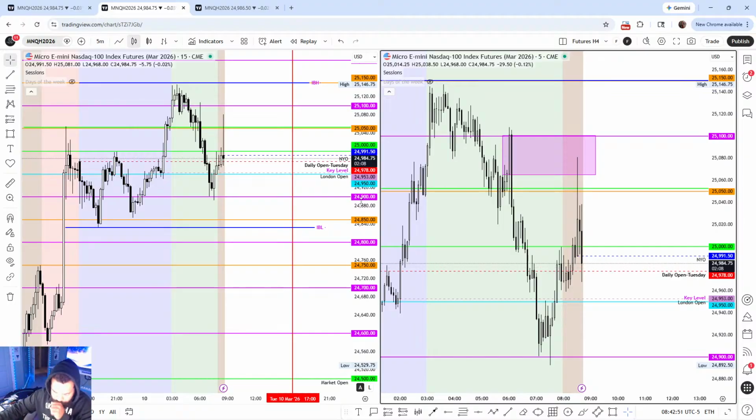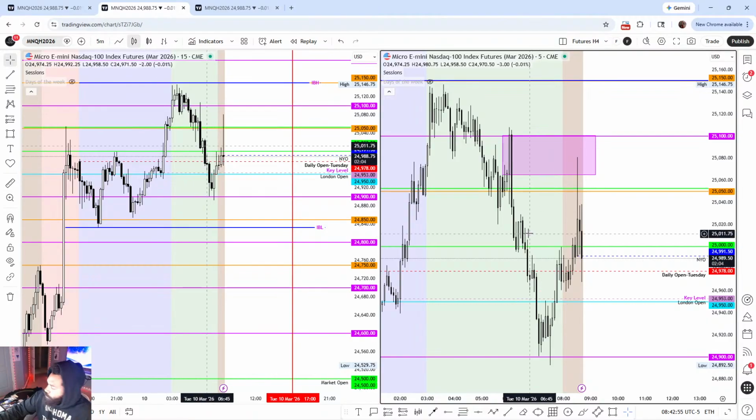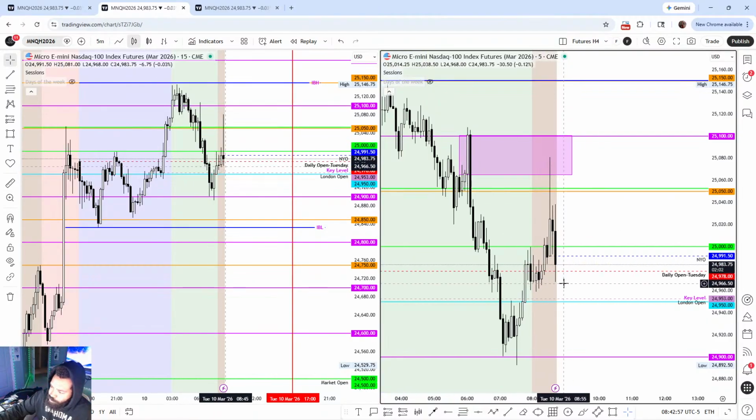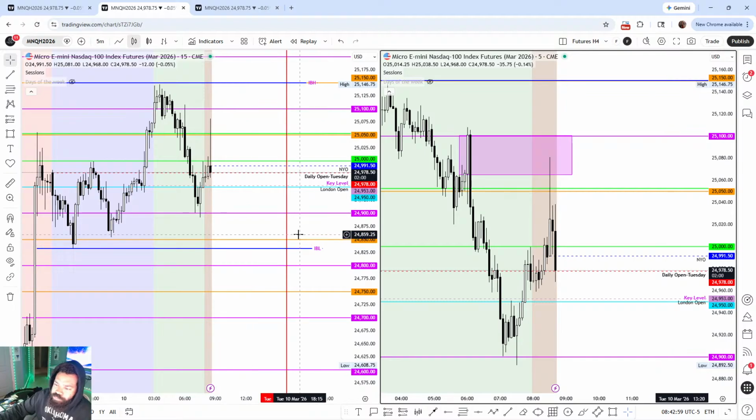Now that rollover back to 24.850 would be interesting if they wanted to, but we'll see how they test these opening price areas first. Take a few notes here.